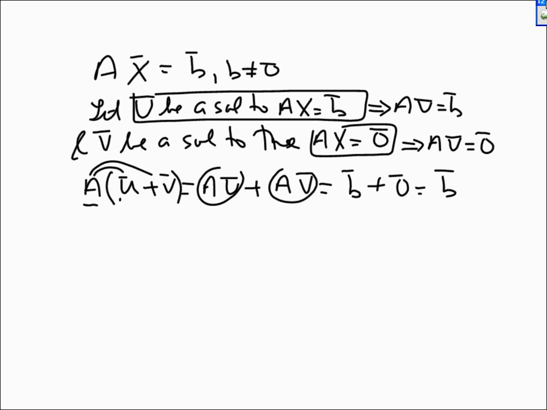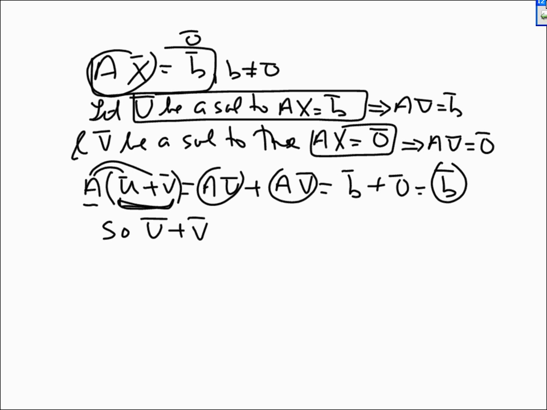Well, A times anything that gives you back B is a solution to AX equals B. So U, a solution to AX equals B, plus V, which is a solution to the corresponding homogeneous system, that is AX equals 0, is a solution to AX equals B. So if you have a solution to AX equals B, and you have a solution to AX equals 0, then their sum will also be a solution.